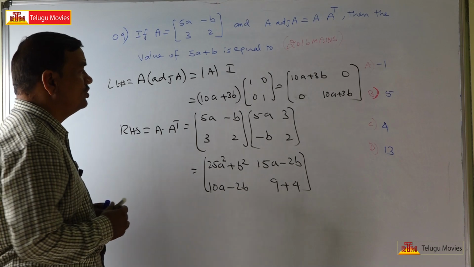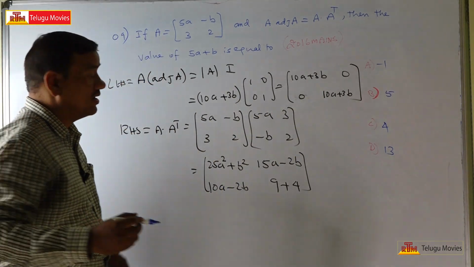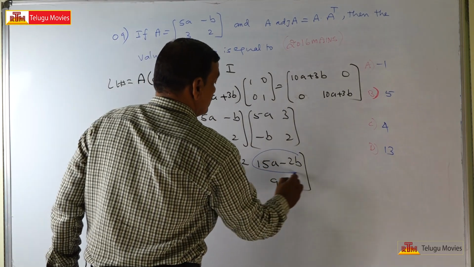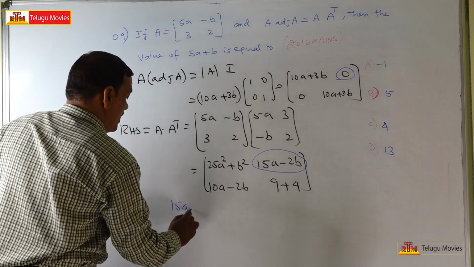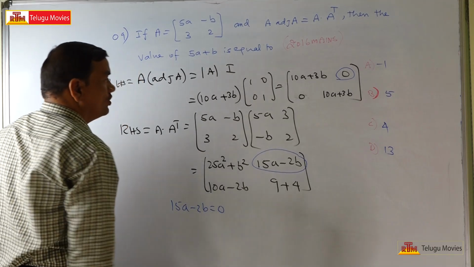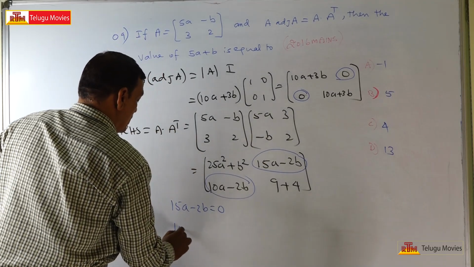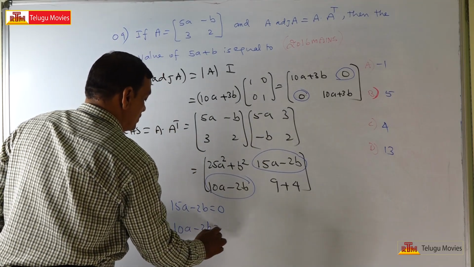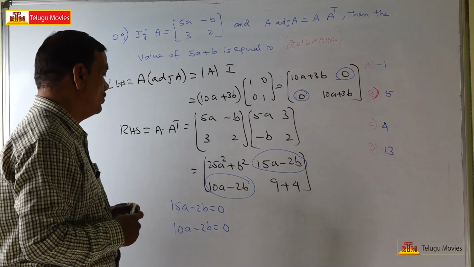So the left hand side is equal to the right hand side. You equate these elements, this will be very easy. So 15A minus 2B is equal to 0. And you multiply this element, so 10A minus 2B is equal to 0.